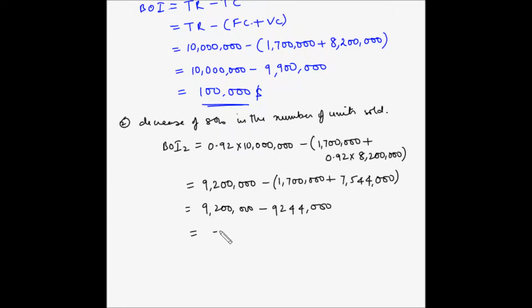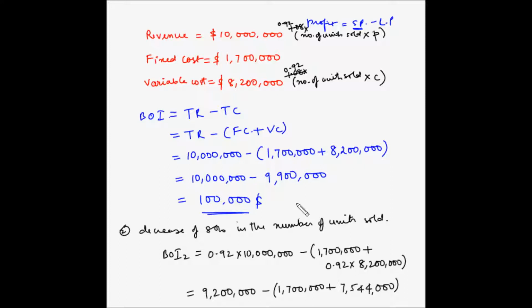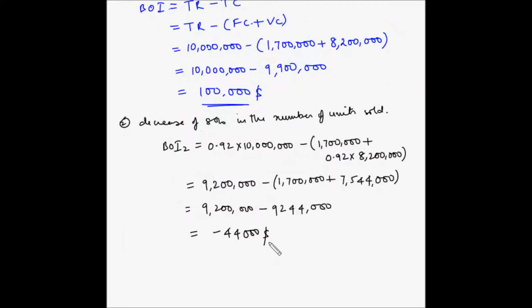So this is equal to minus $44,000. So if we decrease the number of units sold by 8%, then we are incurring a loss of $44,000.